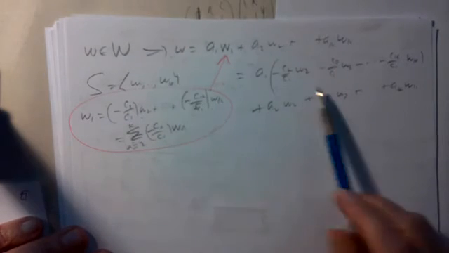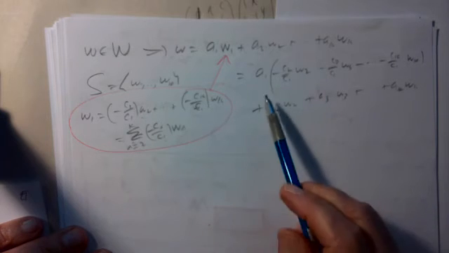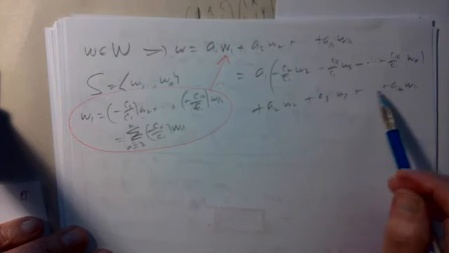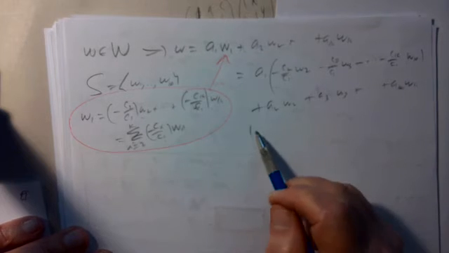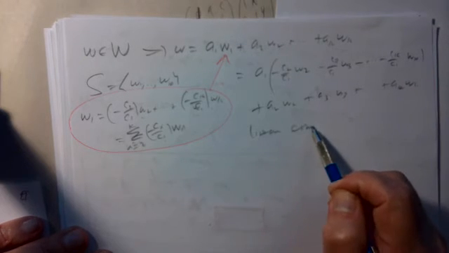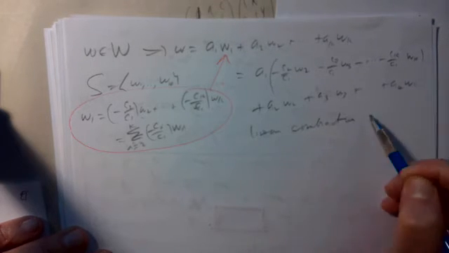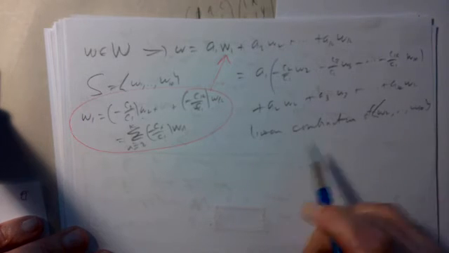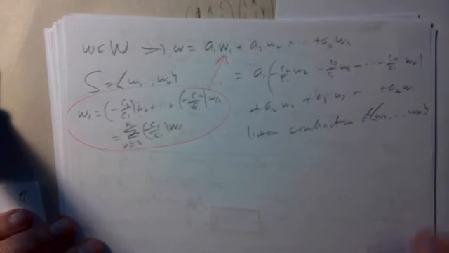So my vector W, when I collect the coefficients of W2, W3, and so forth, is a linear combination of W2 up to WK. I don't really need W1.